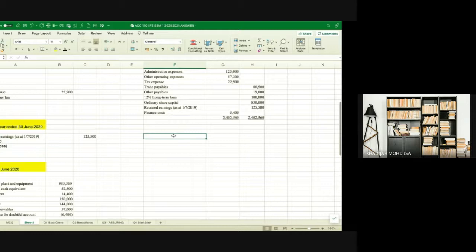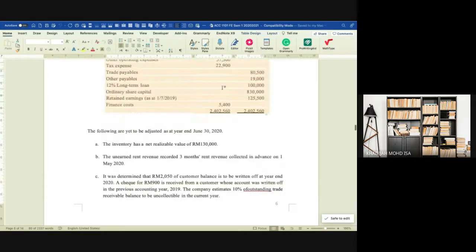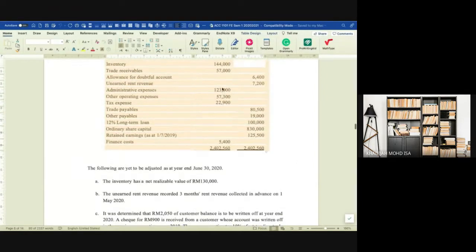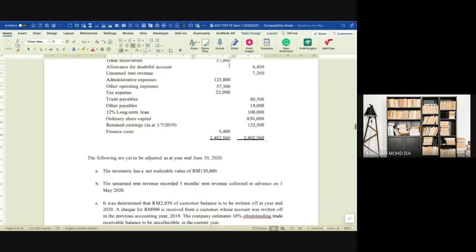Then you go through A, B, C, D, E, and F, all right? For example here, the inventory has a net realizable value of 130,000. So what does it mean here? It means that in your unadjusted trial balance, your inventory is 144,000. So if your inventory is 144,000, this one is the unadjusted, but now it says that there's 130,000.